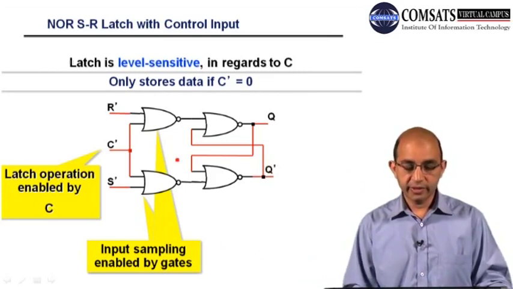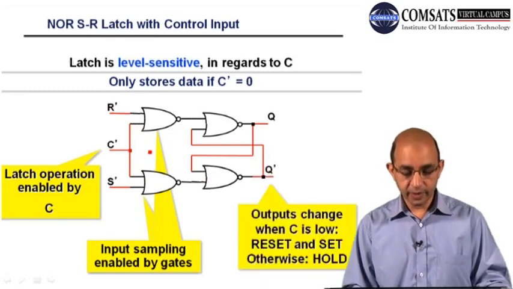So the latch is enabled with this C, and then those inputs are being sampled by these gates, and then the output changes when C is low, because this is the complement. So it means this is active low. Reset and set, otherwise hold. So this is the level sensitive latch.